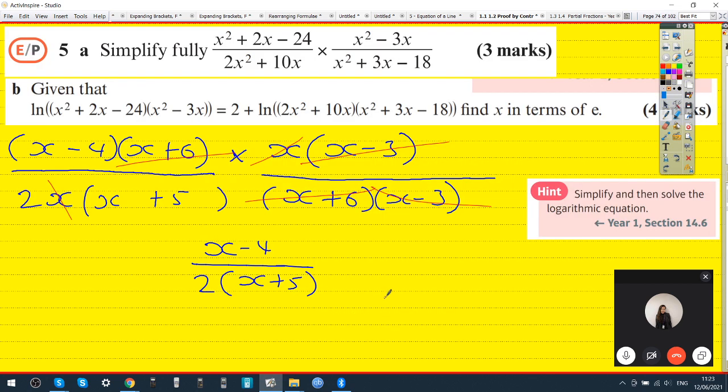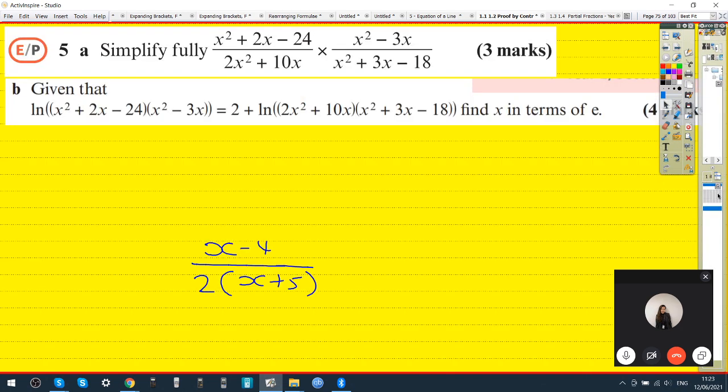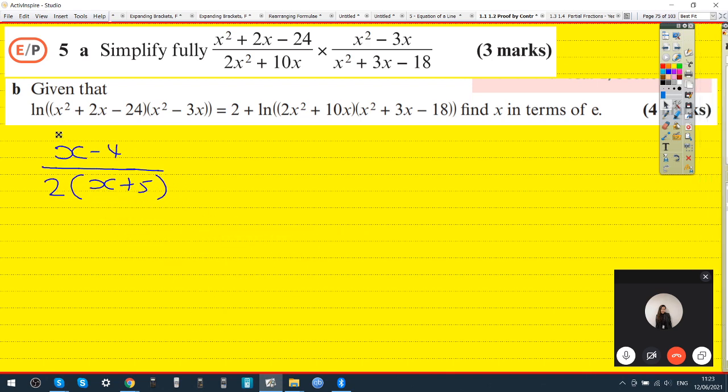How do we then do part B? So could we solve the left as a quadratic and work out what the brackets are?